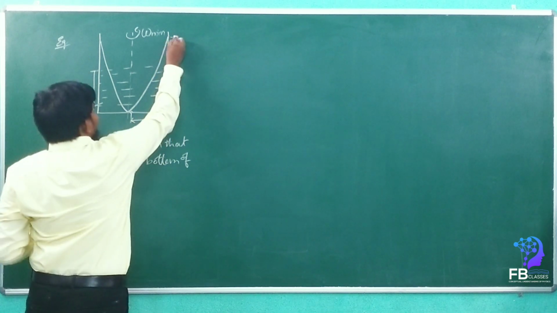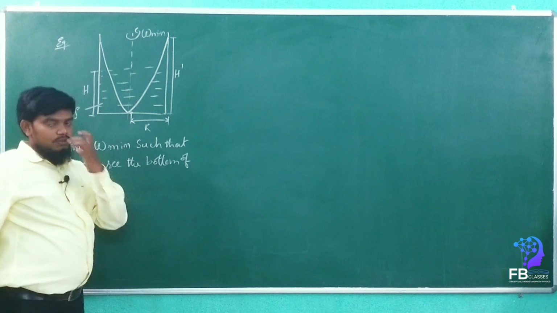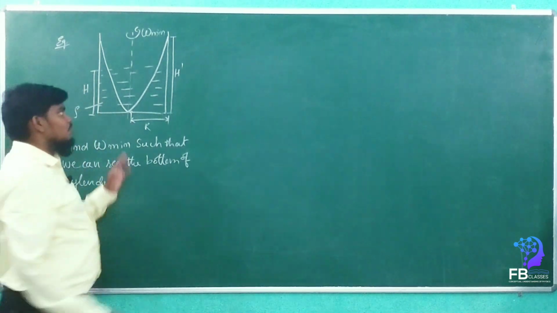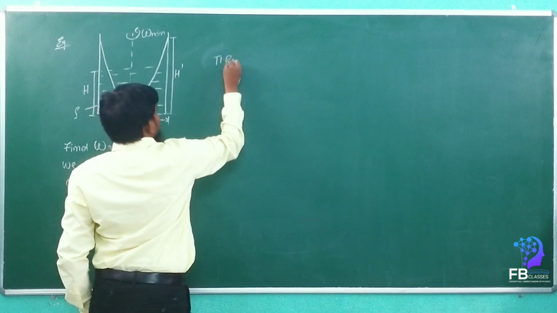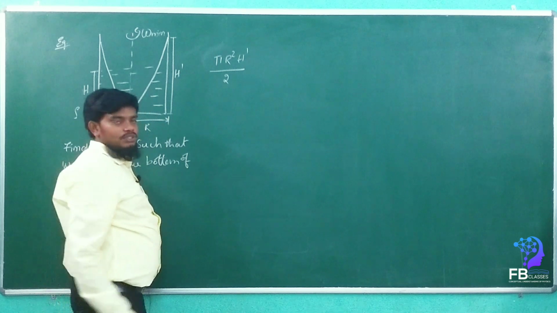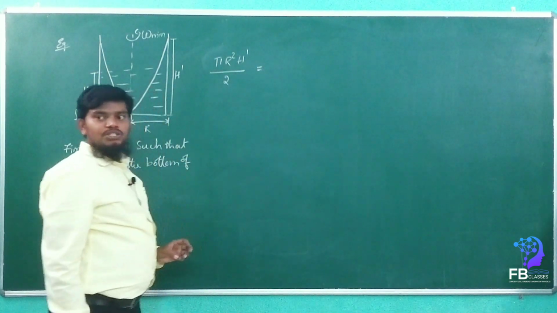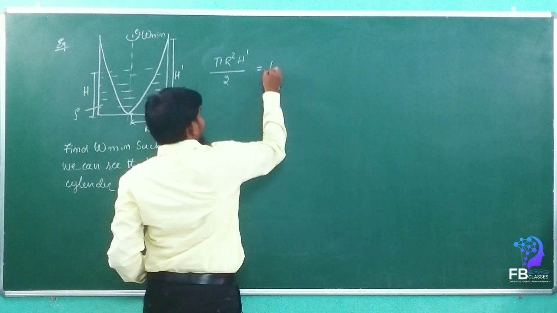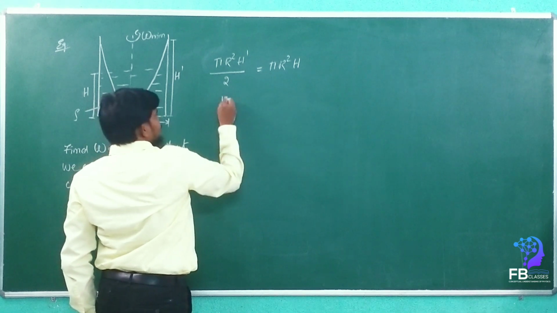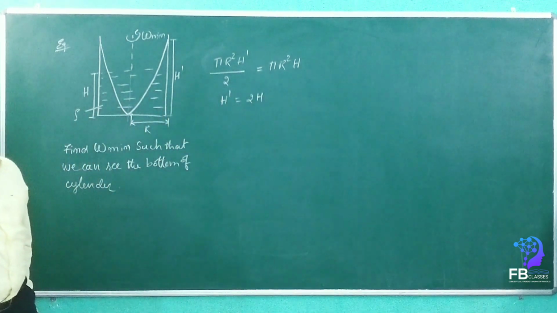For example, consider this total height as h dash. Just now we solved the volume of the liquid column: pi r square h dash by 2. This value is equal to the volume of the initial liquid of the cylinder, that is pi r square h. So now h dash is equal to 2h. Yes or no?